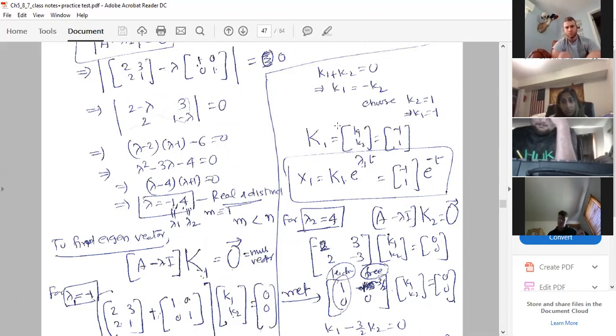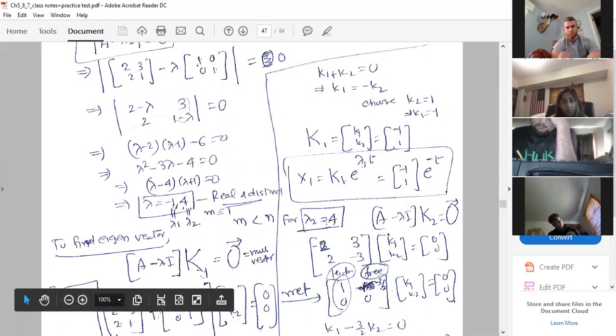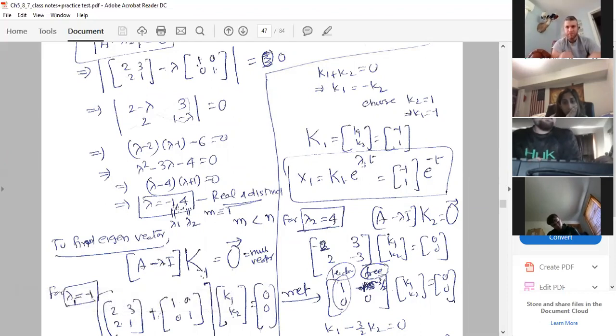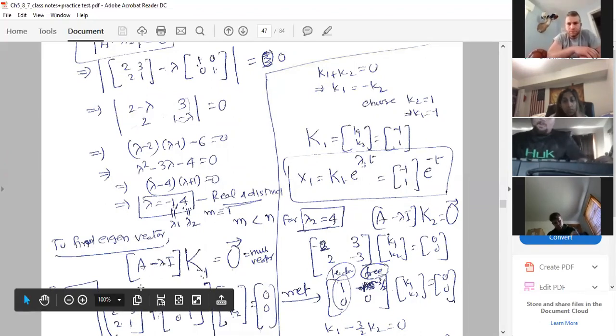Now, I have to repeat the same process for x2. I mean to say, I will start with lambda 2, the other eigenvalue. Let me just repeat the same process. Replace lambda by 4, so it is A minus 4I.